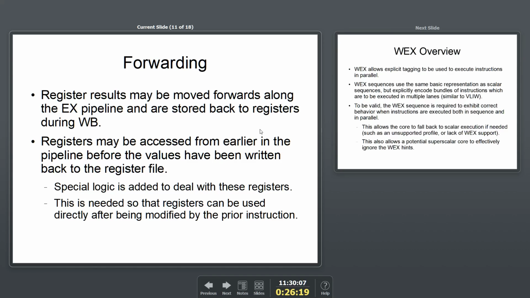So the register arrays are basically just the fallback in case neither of the two execute stages has been writing the register at this time.